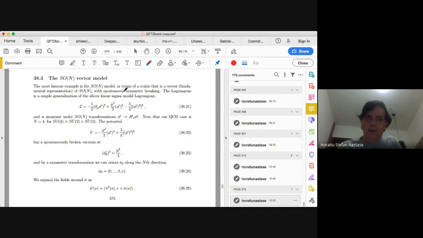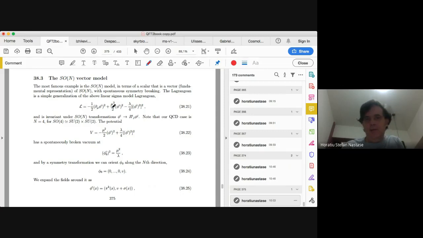So a Lagrangian with spontaneous symmetry breaking will be a simple generalization of the above linear sigma model Lagrangian. There are n real scalars, so minus a half d mu phi I squared. This kinetic term is invariant under SO(N), but to have a potential that's invariant under SO(N), it has to be written in terms of phi I squared.